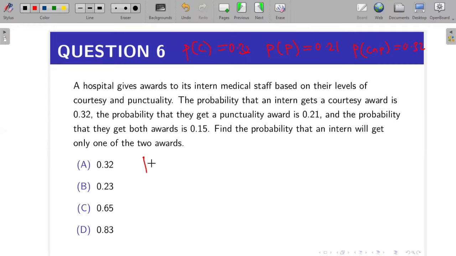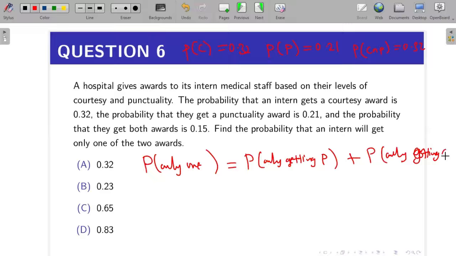So the probability that they only get one of the two awards is equal to the probability of only getting the punctuality award plus the probability of only getting the courtesy award. So how do I find the probability of only getting the P award?